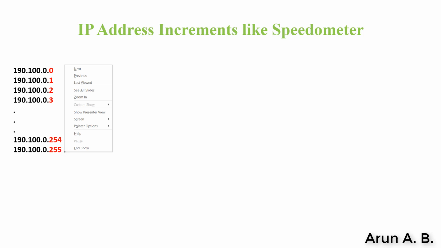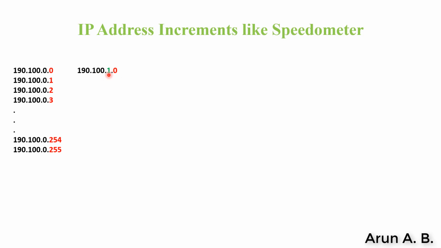So the very next increment will be incremented by 1 in the next most significant byte. As you can see, after 190.100.0.255, the next value will be 190.100.1.0.